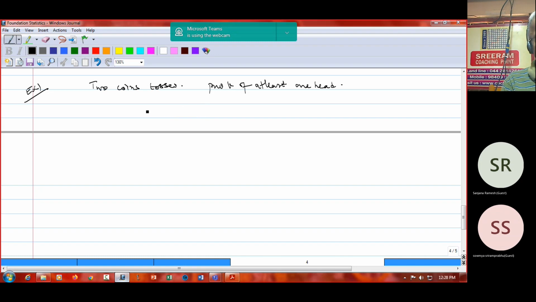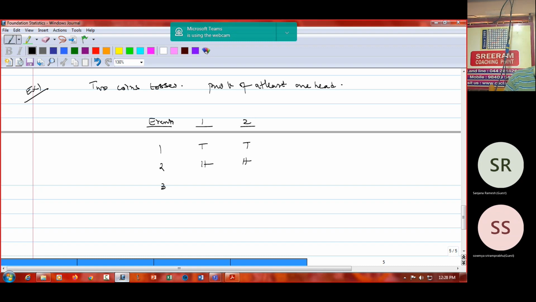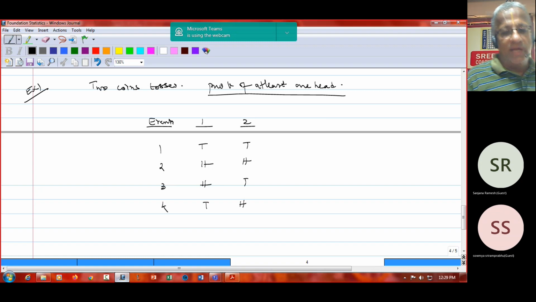That's the point. Now I find the possible events: the outcome in the first toss and in the second toss. What is the question they asked? At least one head.